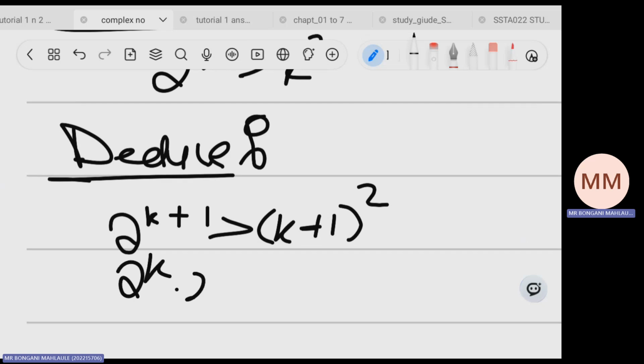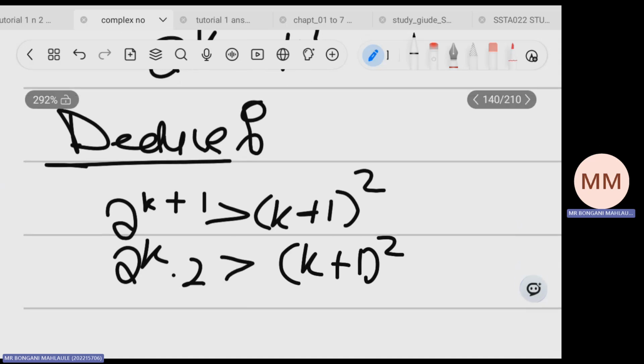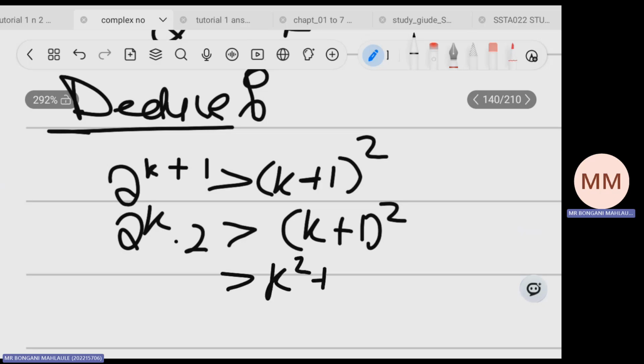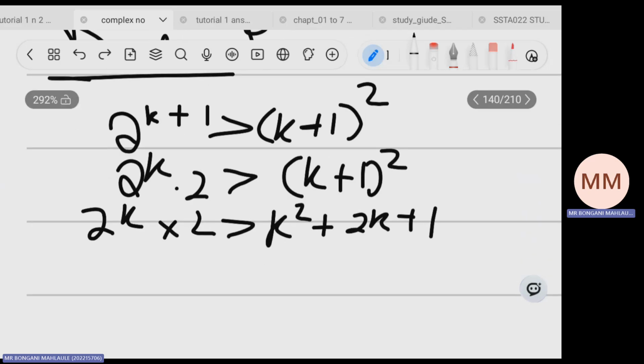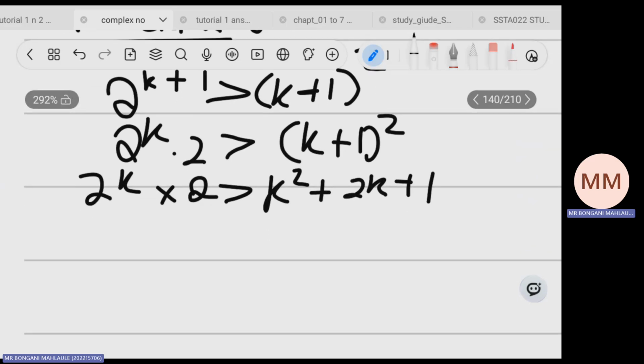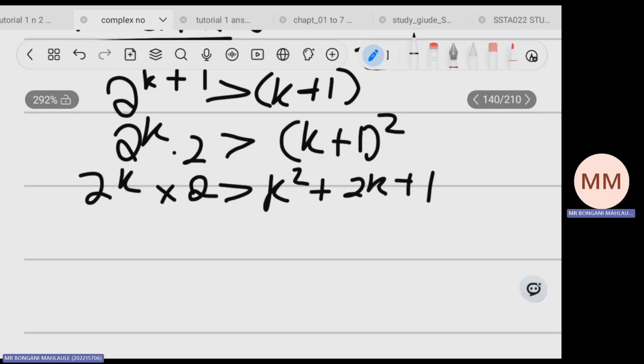If I expand the left hand side, then here we are having k plus 1 all squared. Someone can even further simplify this. It's not a problem. The main part is to deduce that this will always be true.